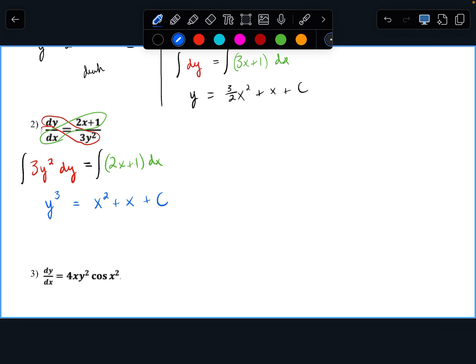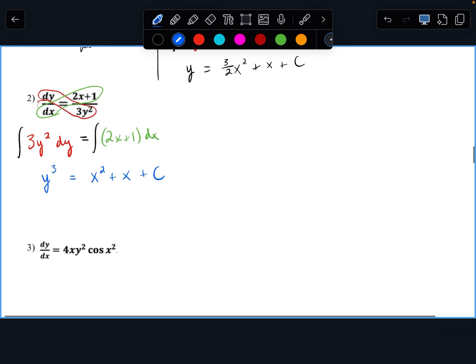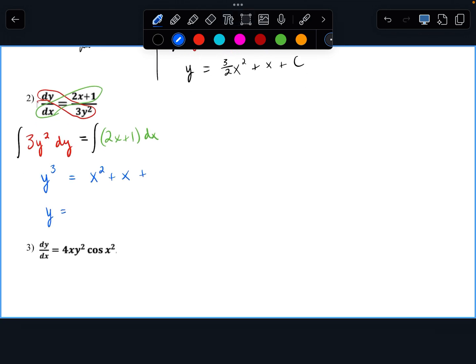So for simplicity's sake, I don't deal with the plus c over here, I just deal with this one. If I did, it would be c1 and c2, subtracted into another c. So I only put it with the x to be simple about it, and then you're just solving for y. And that's it, there's your answer. So you integrate, circle, here we go.